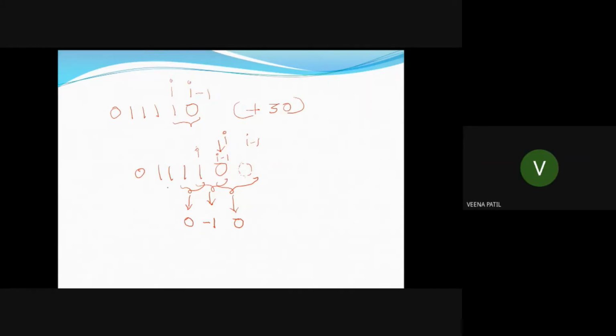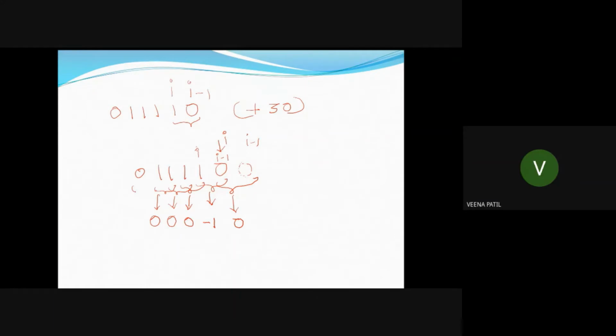So let's take the next two bits by shifting towards left. Again, I have the same number 1, 1, so I have to replace it by 0. Shift again left by 1 bit position. I have the same sequence, so record it as 0.